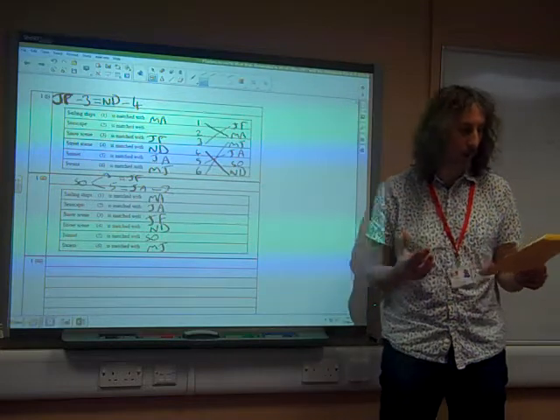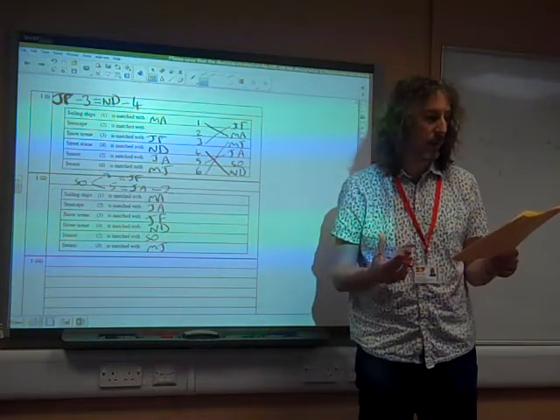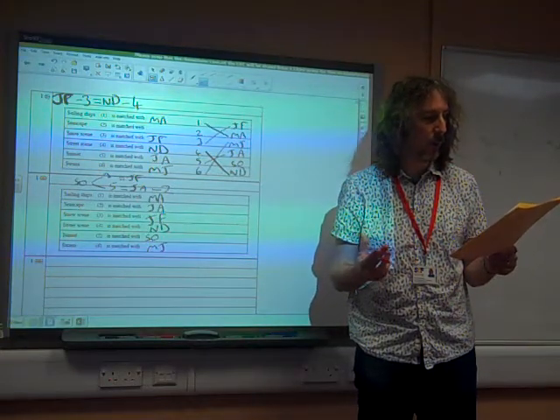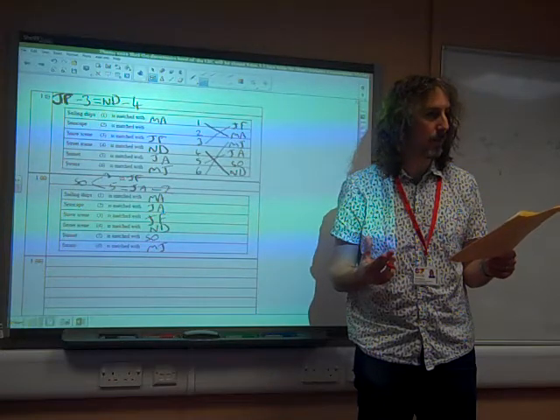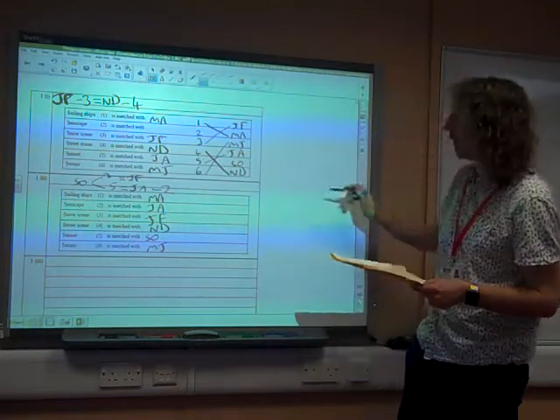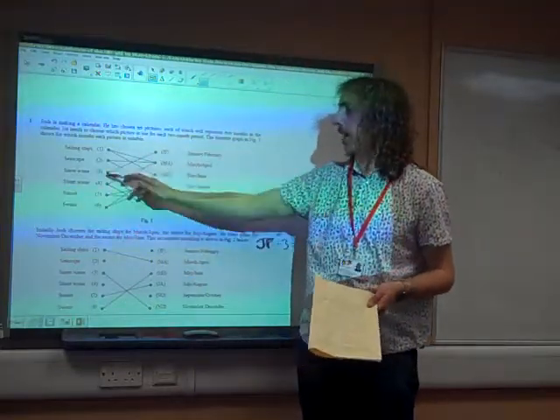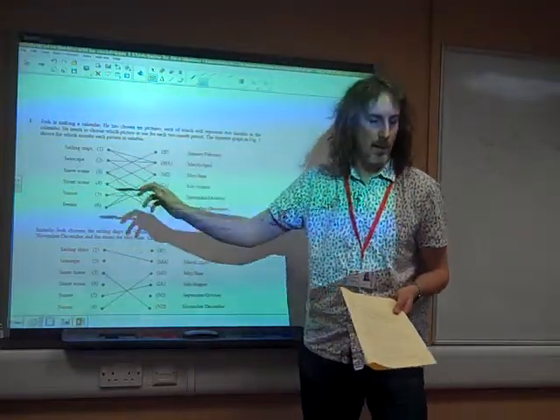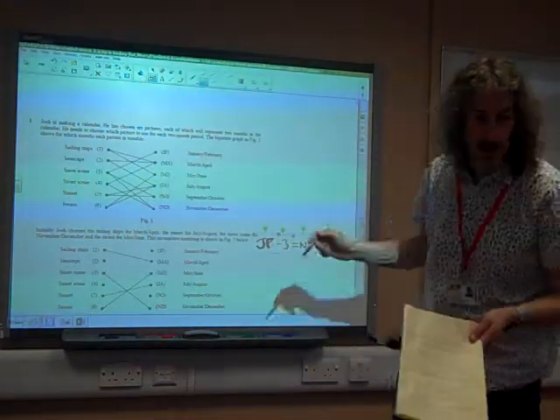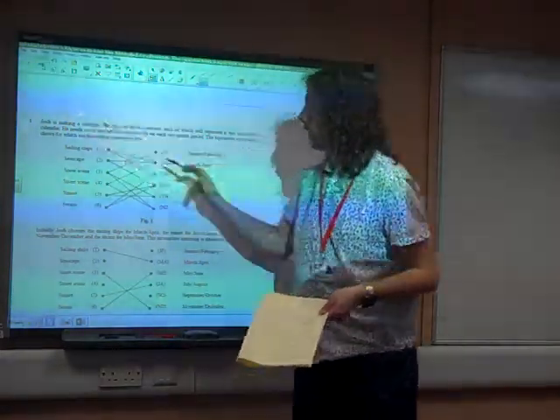Well, what we've hopefully noticed as we've done this is that JF has only one thing that it connects to, doesn't it? If you go back to the original bipartite graph, JF only connects to snow scene. So that's the first thing we're going to say. JF has to be with 3.